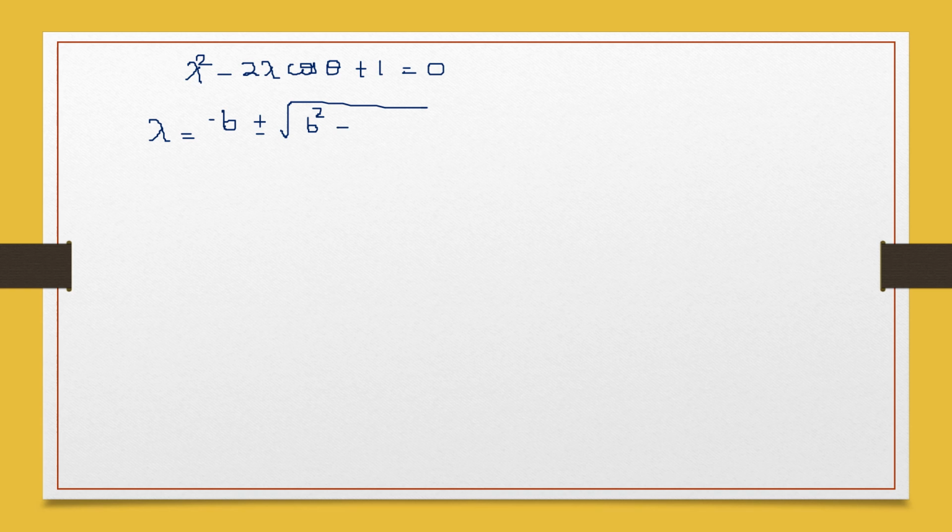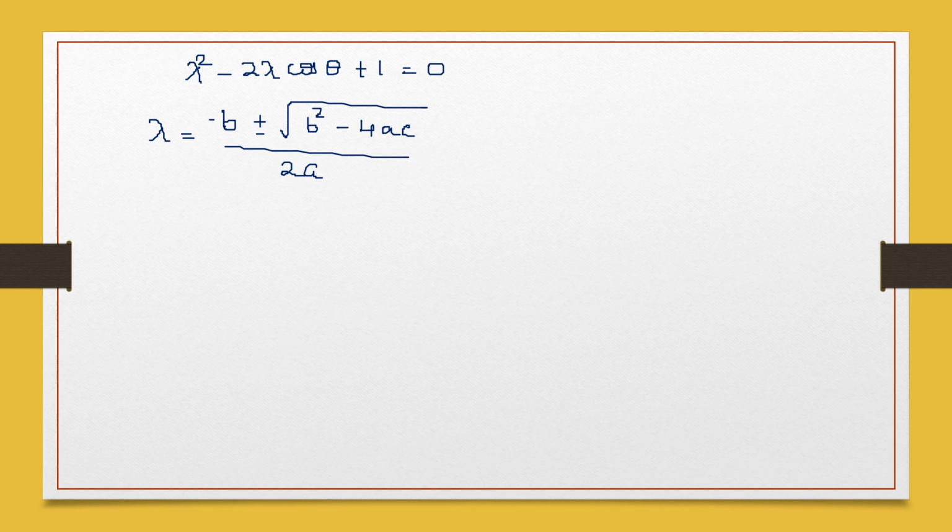So the roots of that equation, lambda square minus 2 lambda cos theta plus 1 is equal to 0, can be found with the formula minus b plus or minus root of b square minus 4ac, divided by 2a.